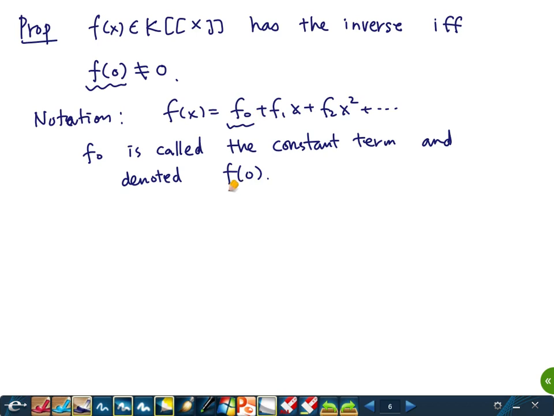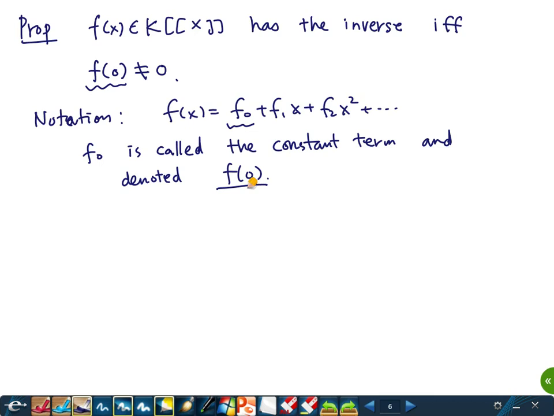Can we apply the evaluation homomorphism, which plugs in something? We will plug in x equals 0 only, if we plug in anything. So in that case, I think it's fine. But instead of thinking of this as plugging in x equals 0, just think of this as a definition, a common notation for the constant term. We can always plug in x equals 0 because it will always converge.